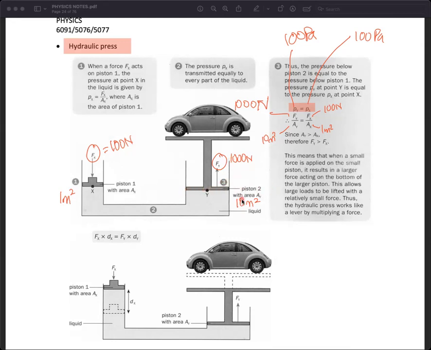I can make it 100 meters square, and then my force will become 10,000 Newton. In theory, you can create a much bigger force. But what is the downside? Can you think about it? Or is the force just magically magnified with no downside at all?